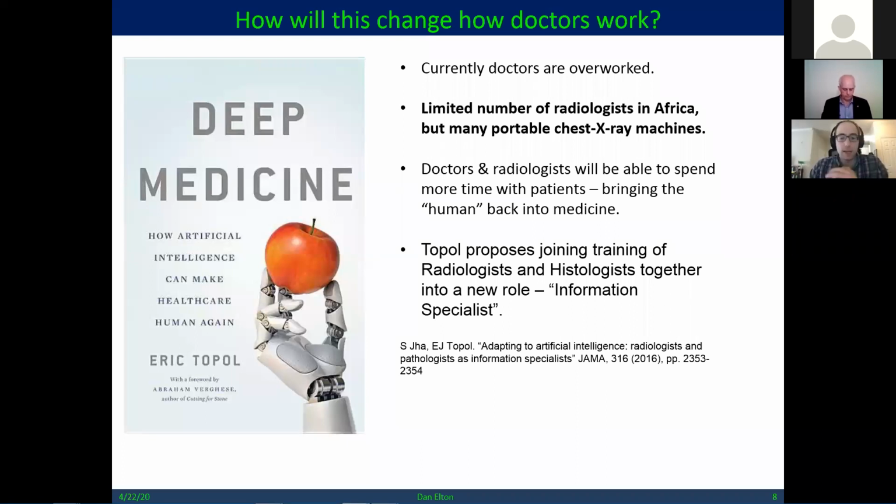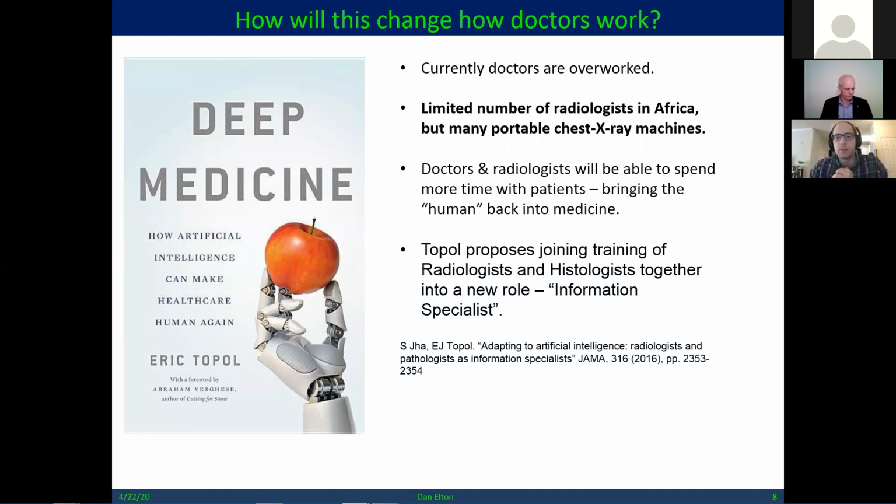And again, I think this is going to be especially important in developing countries, and in Africa, where there are fewer doctors per capita. The other thing I've heard about Africa is that there are not many CT scanners, but there are a lot of chest X-ray machines.